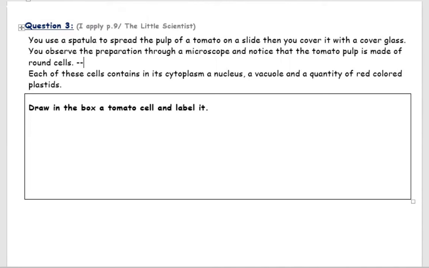We're talking about a tomato, so we're talking about a plant cell. Each of these cells contains in its cytoplasm a nucleus, a vacuole, and a quantity of red-colored plastids. We have to draw a tomato cell.